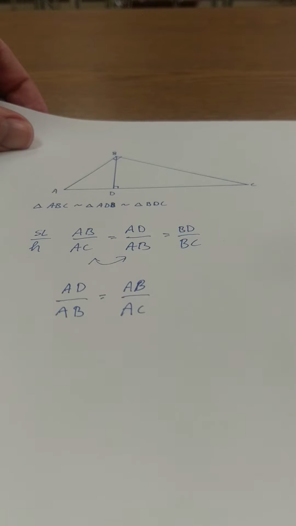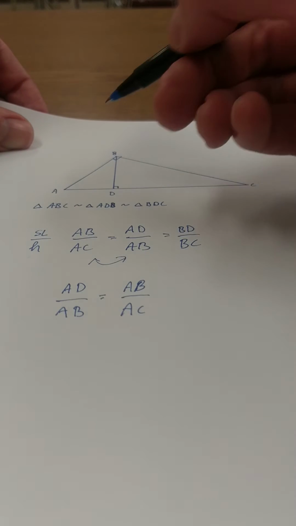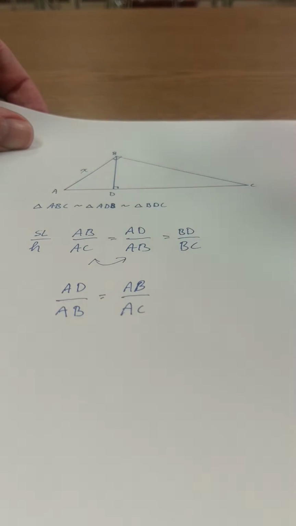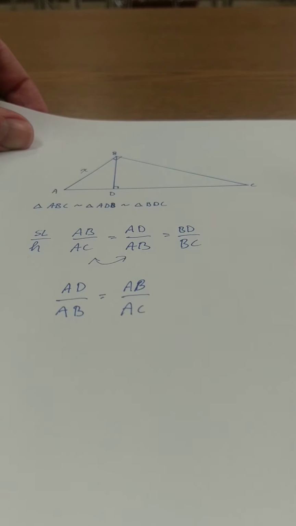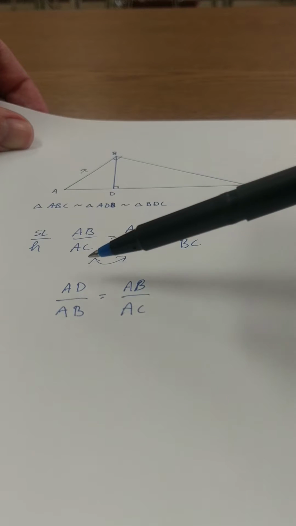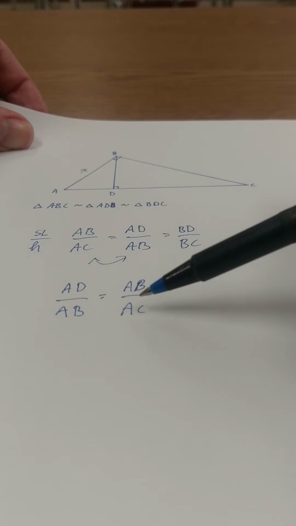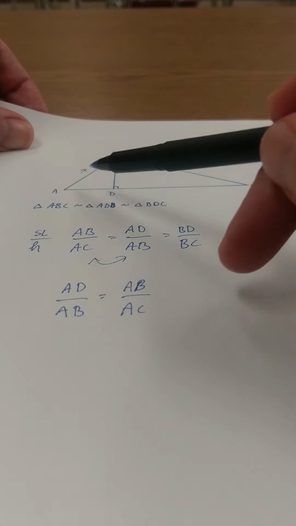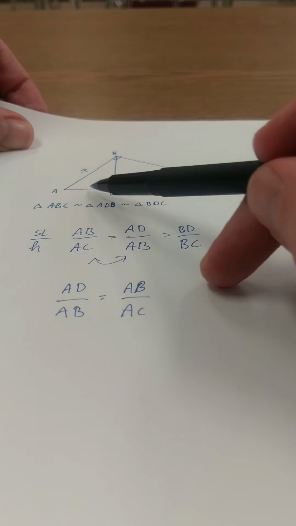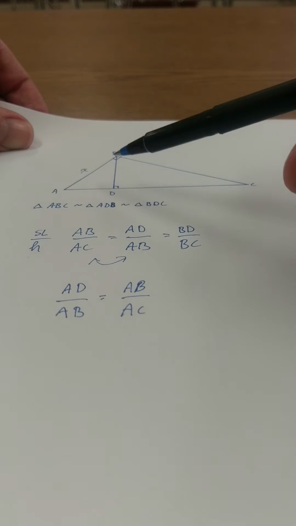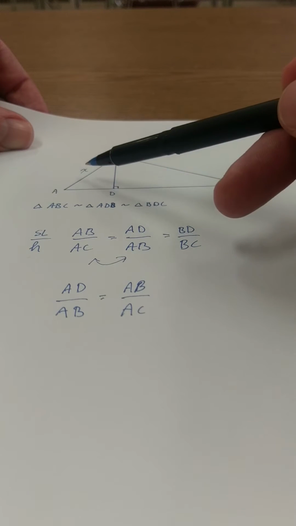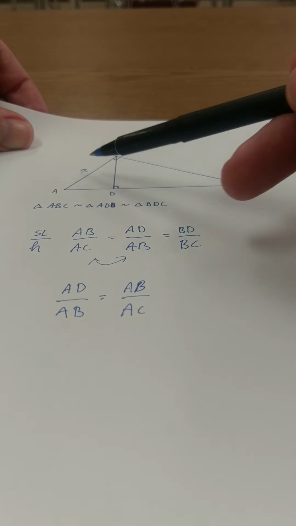So let's look at where these things are and what our geometric mean relationship is. So AB, that's in the means position, so I can call that X. And then my extremes positions, I have AD and AC. So AD is this part of the whole hypotenuse that is adjacent to the leg. It's the piece of the hypotenuse closest to the leg that we're dealing with.